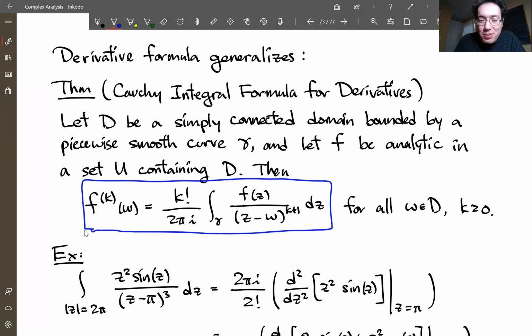Like we don't even have to compute the intermediate derivatives. You just need the value of the function along the boundary. And then you just divide by a different power of z minus w. And that'll give us, up to a constant, the kth derivative of that function. So you can take derivatives by integrating.